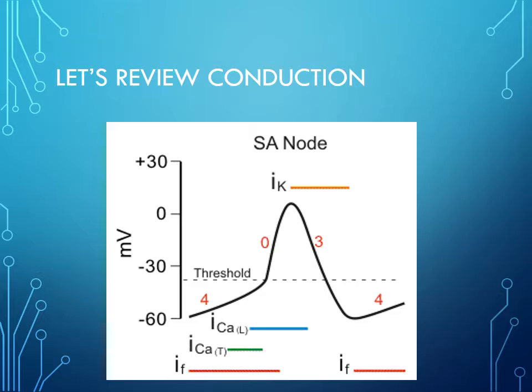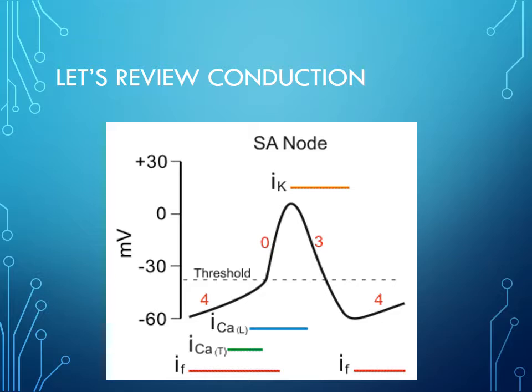So how could we lengthen this out? What are some of the things we could do? What can we do to this slope to make the heart rate slower? We can drop the slope down, right? Because if the slope drops down, it will take much longer to reach that threshold point and have your depolarization.